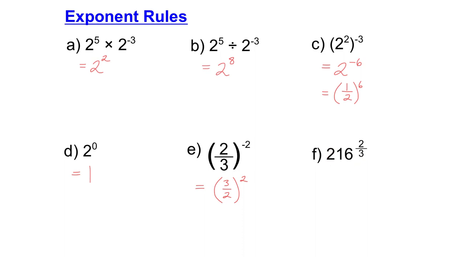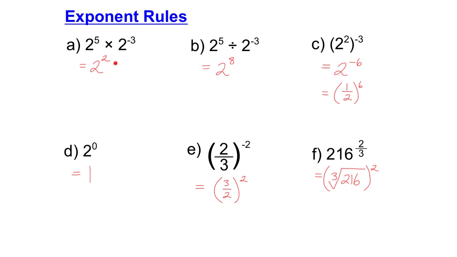And over here, we have a rational exponent, which means the exponent is a fraction. And we can rewrite that as a radical. The denominator of the exponent is what root you're taking. If it's a 3, it's the cubed root of 216, and the numerator of your exponent is what exponent you're raising that root to, that radical.